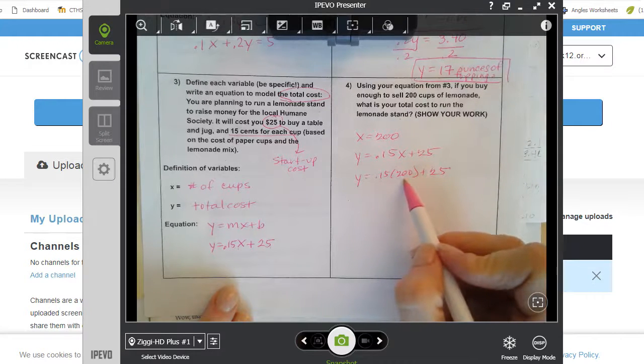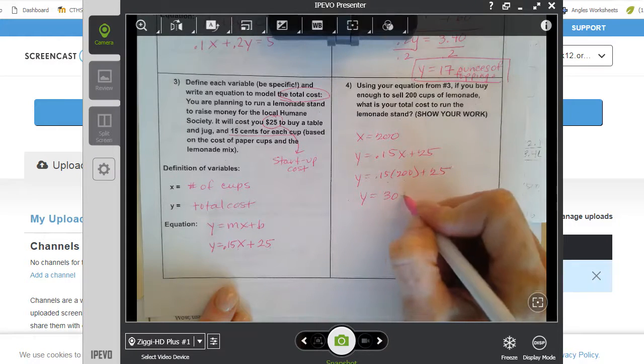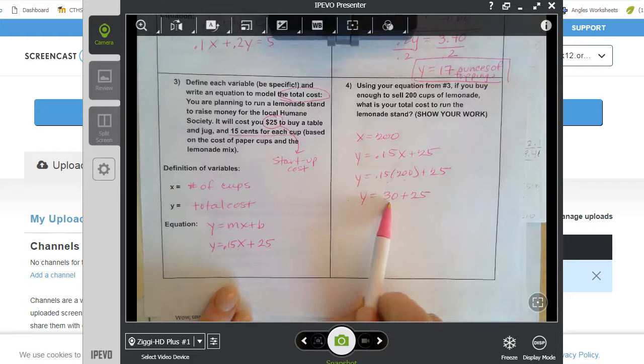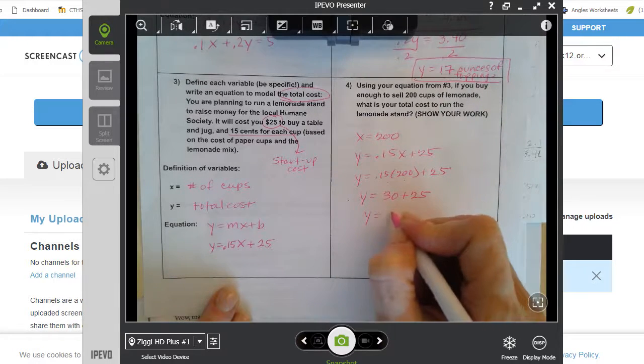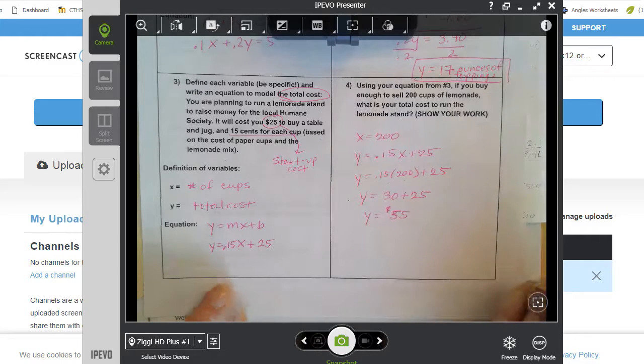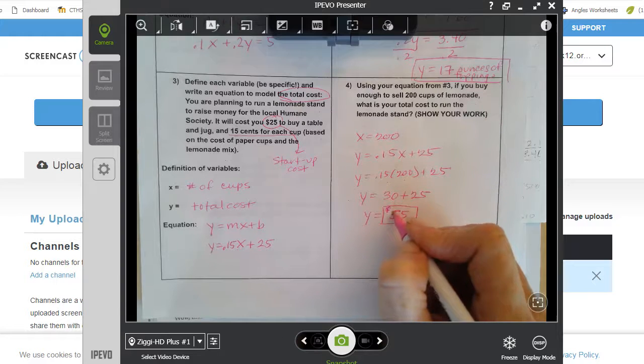If this was 100, 0.15 times 100 would be 15, so 0.15 times 200 will be 30, plus my startup cost. So I've got the total cost to buy all those cups and the lemonade mix, and then the cost for the table and the jug. Total cost: 30 plus 25 is 55, and my units are dollars. $55.